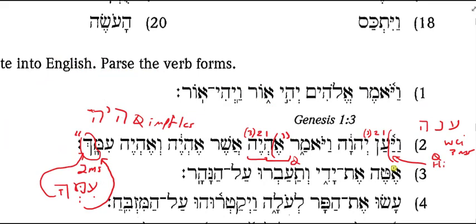Let's take a look at number 1 here for just a little bit. This comes from Genesis 1:3, and it's Vayomer Elohim Yehi Or Vayhi Or. Vayomer. This is a WCI form from Amar. So there's my 3 root letters. Prefix Yod, no ending, clearly a 3MS form.